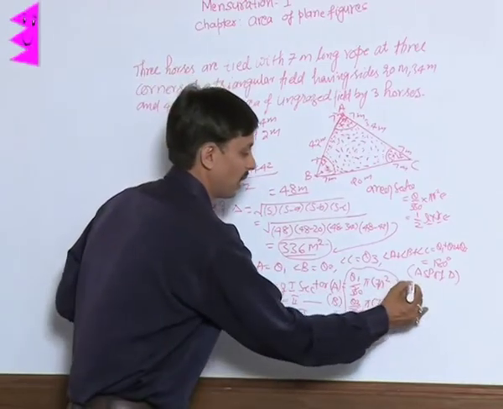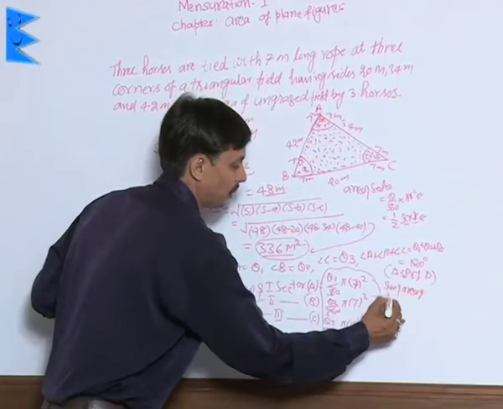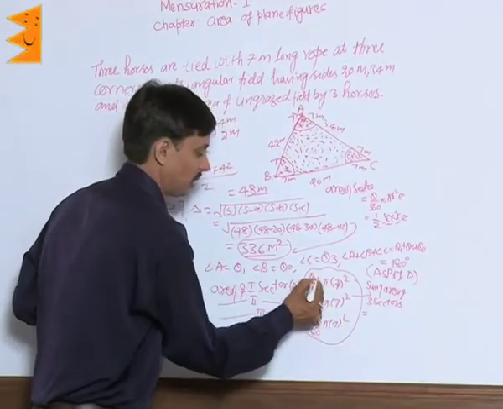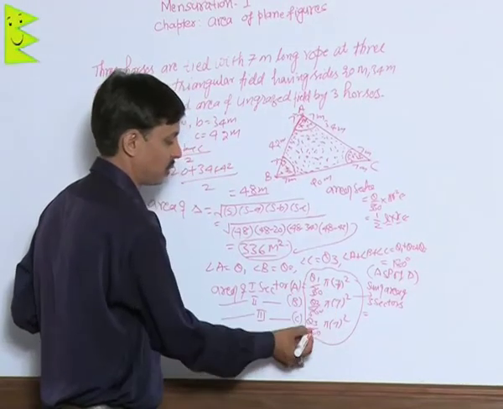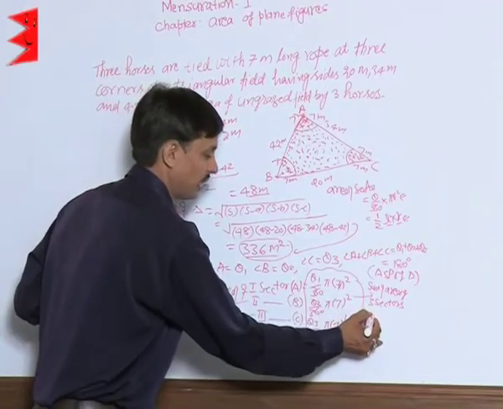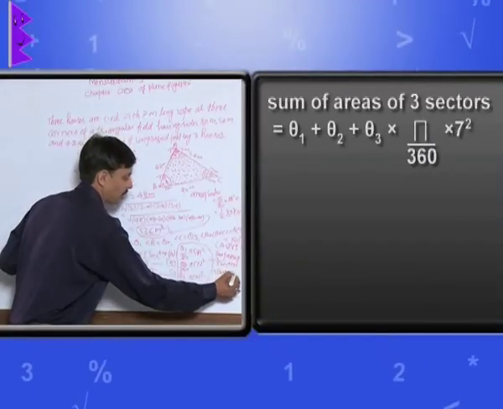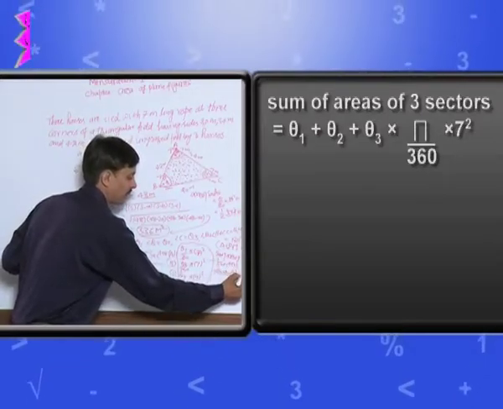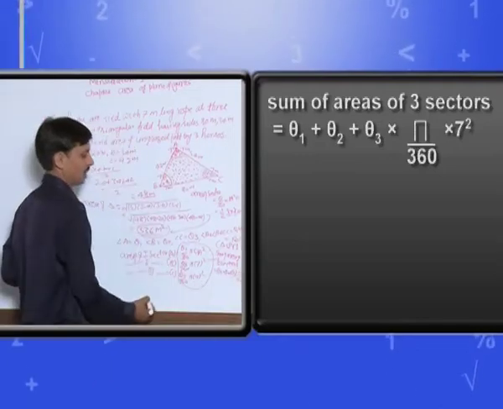So the sum of areas of three sectors becomes theta 1 by 360 pi r square, theta 2 upon 360 pi r square, theta 3 upon 360 pi r square. So we can say it is theta 1 plus theta 2 plus theta 3 multiplied by pi by 360 into 7 square.